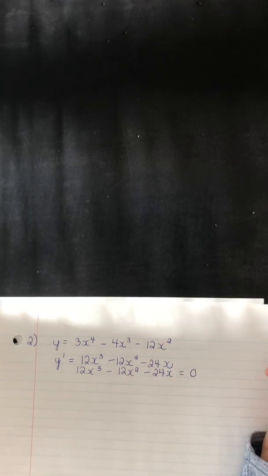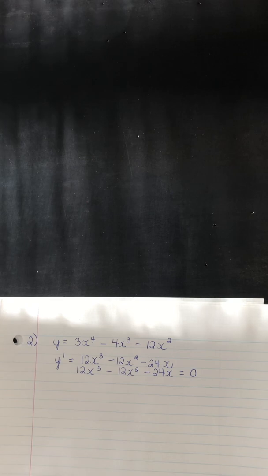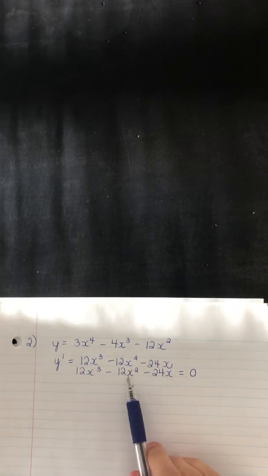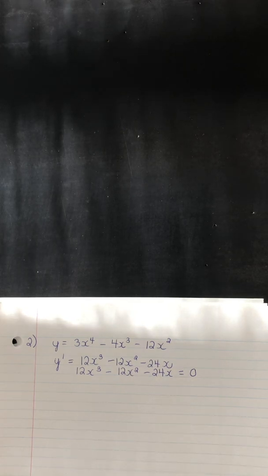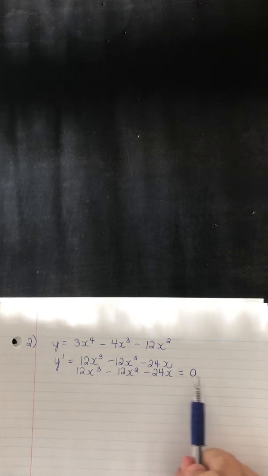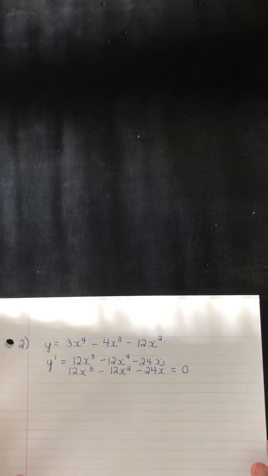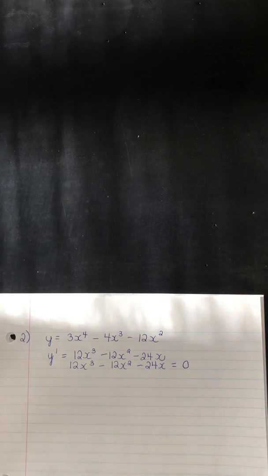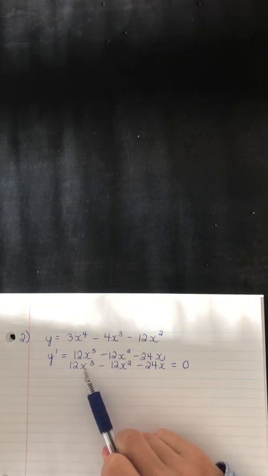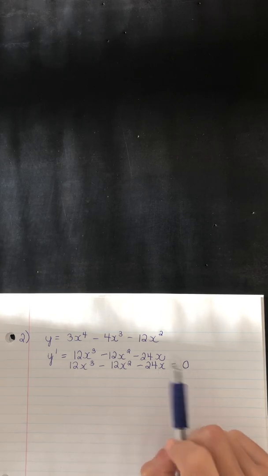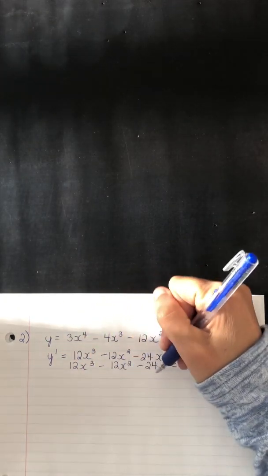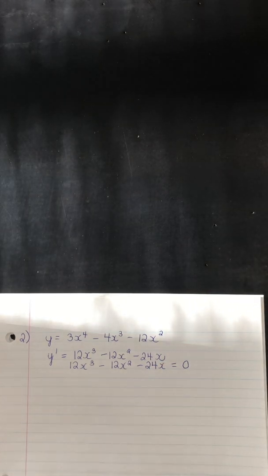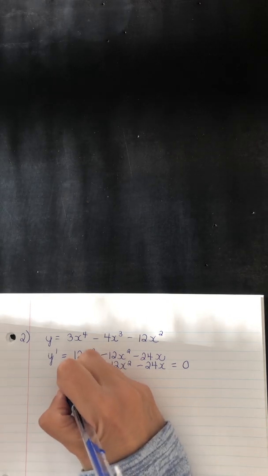Okay, now that we have the right side 0, we notice that there is a factor of 12 present, and so we can simply remove that factor from all the terms. Additionally, there is an x present in all terms. Now this you can't just remove completely. You do have to factor it out.